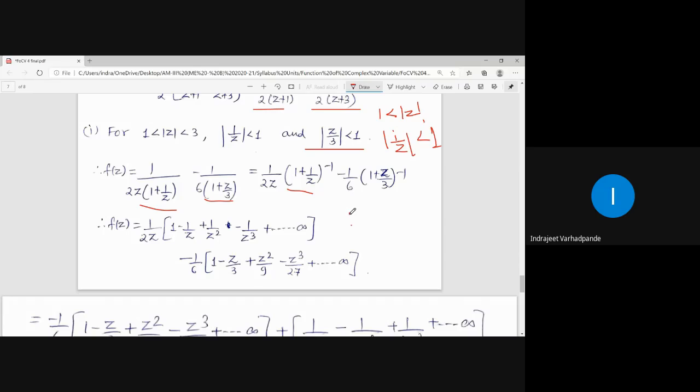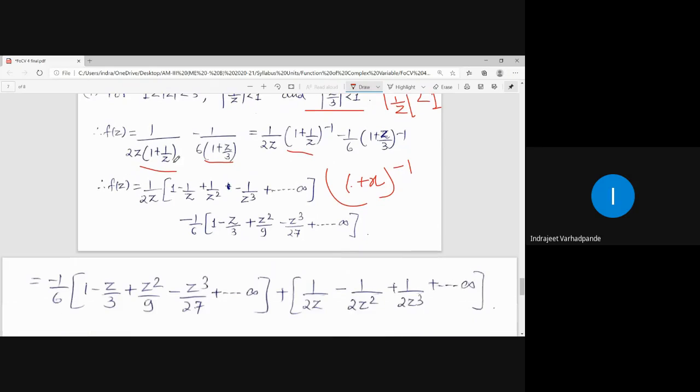What is expansion for 1 plus x to the power -1? 1 plus x to the power -1 is 1 minus x plus x square minus x cube and so on. So this will become 1 minus 1 by z plus 1 upon z square minus 1 upon z cube and so on. 1 plus z by 3 raised to power -1 will become 1 minus z by 3 plus z square by 9 minus z cube by 27 and so on.